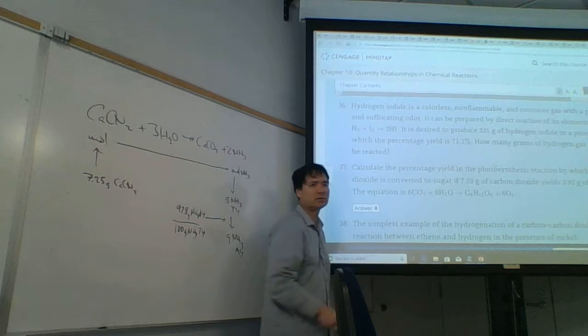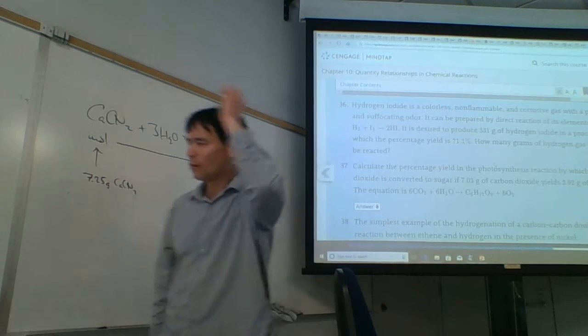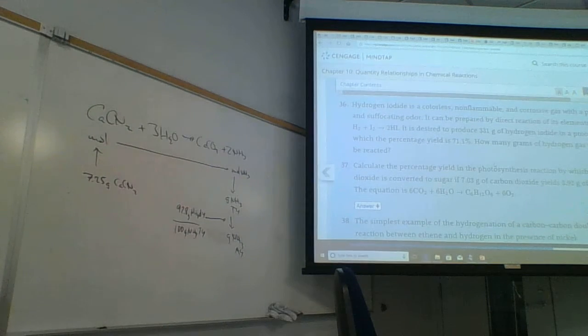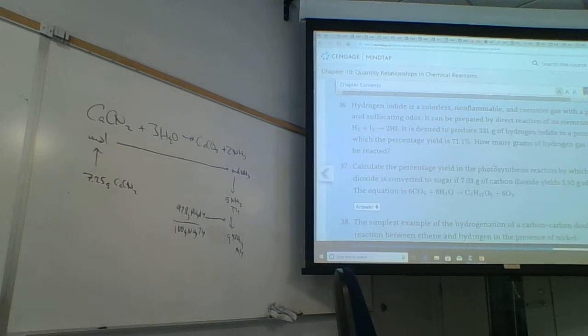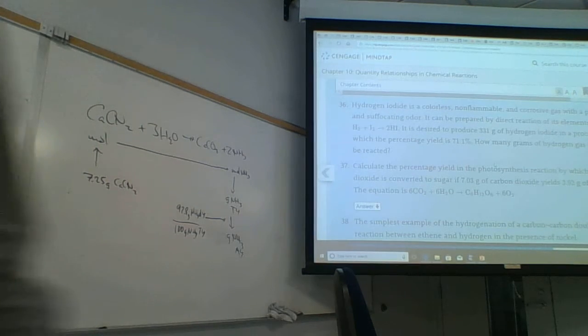And so if we have that many grams of hydrogen iodide actual yield, then what is the percent yield? Write the percent yield as a conversion factor, 71.1%. 71.1% means 71.1 grams over 100 grams. It's by mass. So 71.1 grams of what per 100 grams of what?